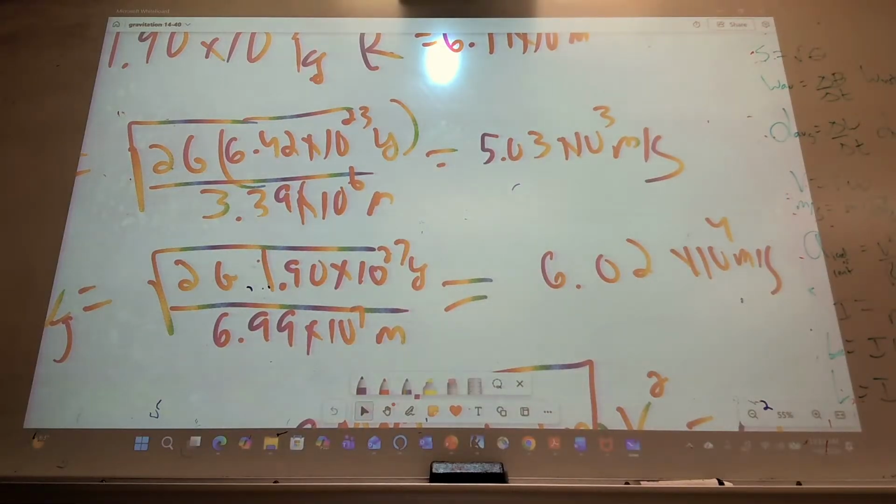You don't have to do it that way. You actually could skip calculating mass just working with the algebra, but anyway, we're going to calculate mass. So you know the escape speed, you know the radius, you can plug in and solve for mass. Once you have mass, you can get your g.